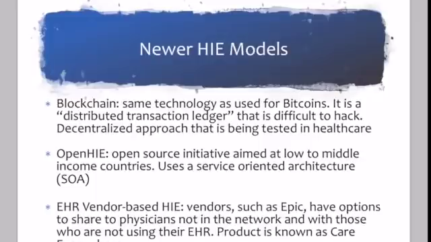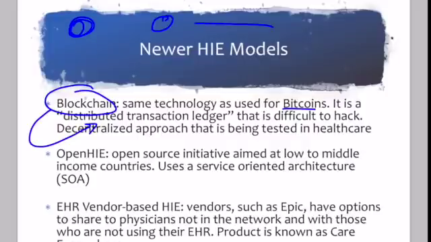Now, what are the newer HIE models? At this time, we see technology like blockchain, which is used for bitcoins, but the technology behind it is a distributed transaction ledger, for exchanging information from one point to another very safely.